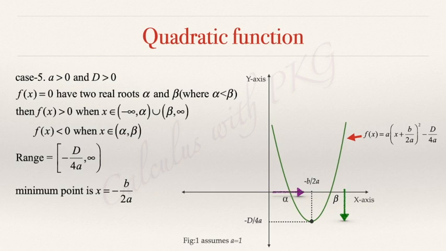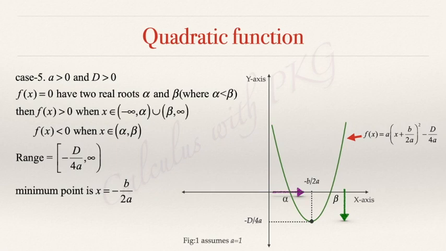So from the graph we can see our function intersects the x-axis at 2 points, say alpha and beta. So we can say that alpha and beta are the roots of the equation f of x equal to 0, where I have chosen alpha is less than beta.